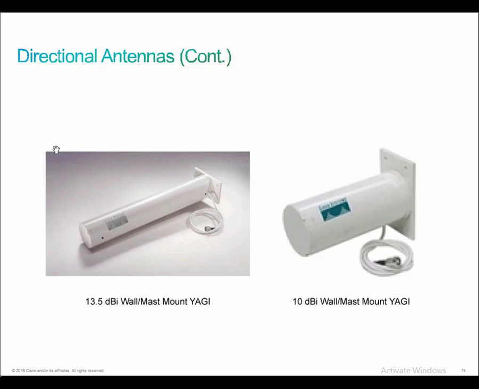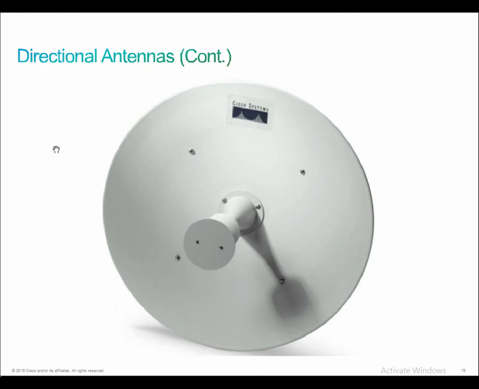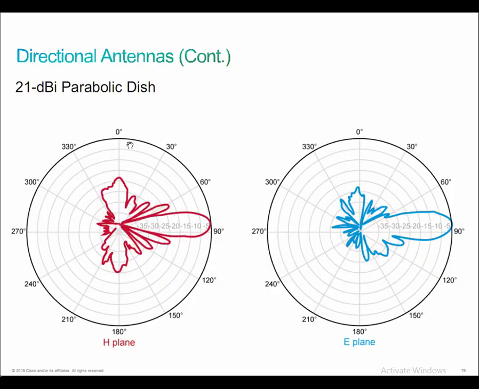The next example of a directional antenna is the parabolic dish, right? Obviously called that for this reason. It looks like a parabolic dish. Typically used in a point-to-point scenario. Very similar pattern to the Yagi antenna, but much higher gain. So instead of looking at maybe 13 or 10 dBi, we're looking at maybe 21 dBi in this particular case.